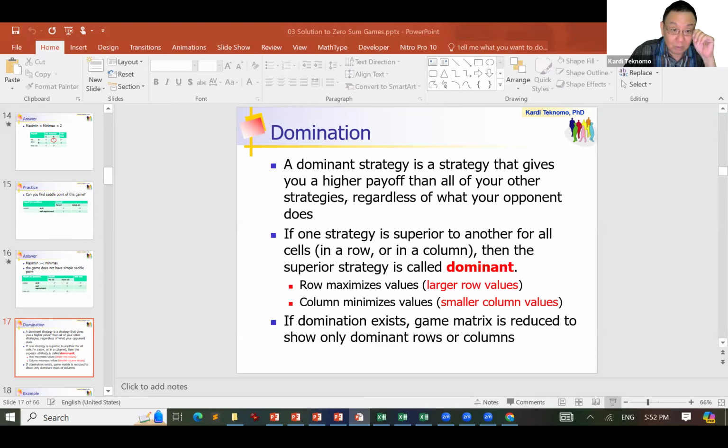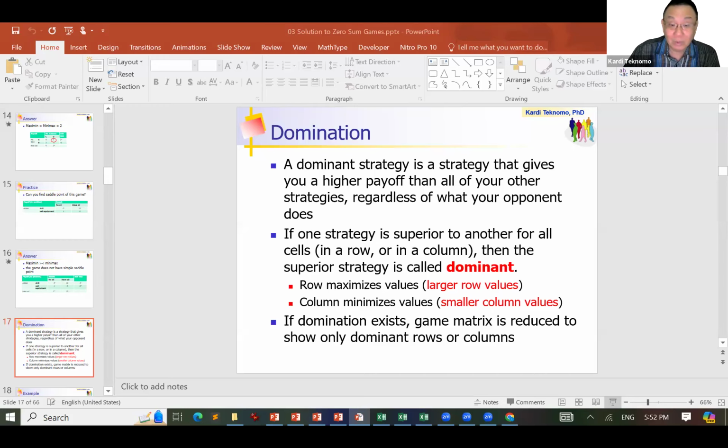If one strategy is superior to another for all the cells, either in column or in row, that superior strategy is called dominant. Because we are using zero-sum games, a row must maximize the value, so you look for larger row values.